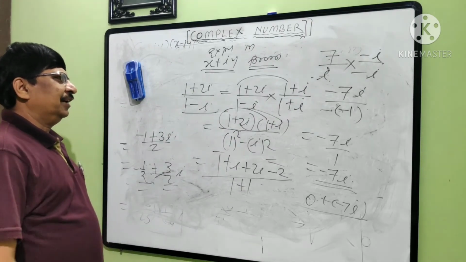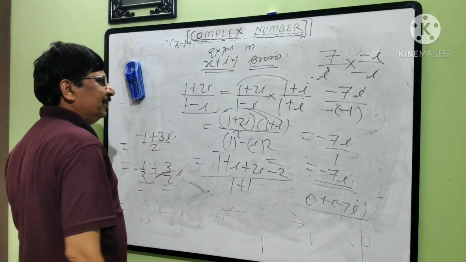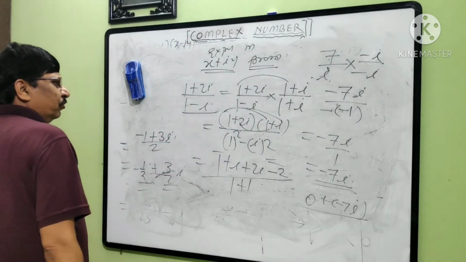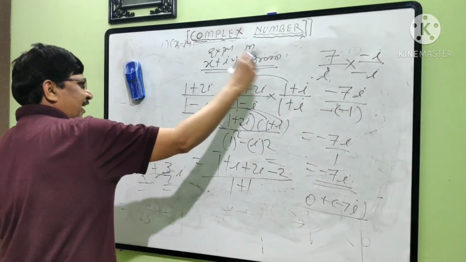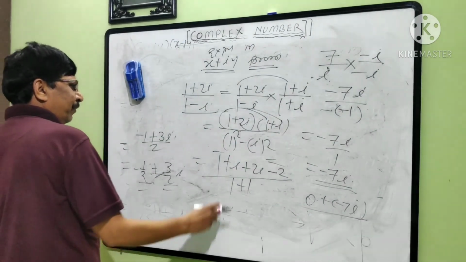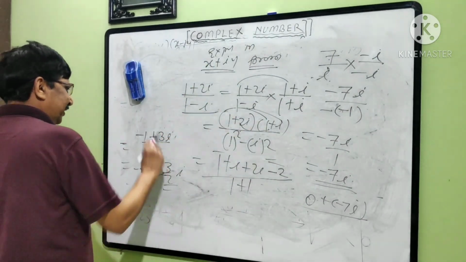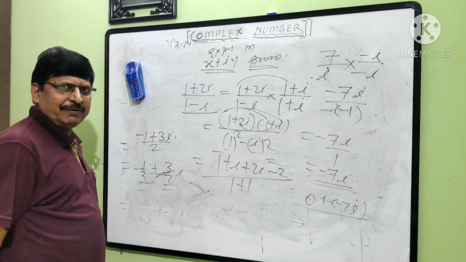And mainly, division. You can observe how we can do division, that is Z1 upon Z2. What is the actual method? Multiply numerator and denominator by the conjugate of the denominator. Definitely in the denominator there will be a real number. Separate that real number and the number will come in the form x plus iy.